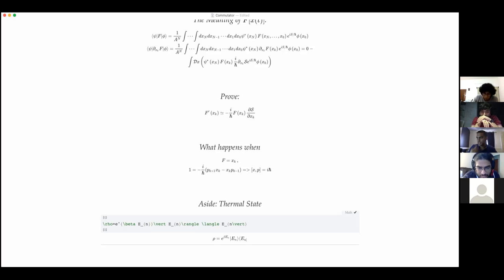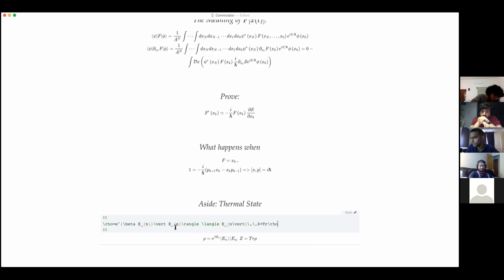So now the partition function. If we were just in a pure state, this would be 1. It's kind of pointless, right?